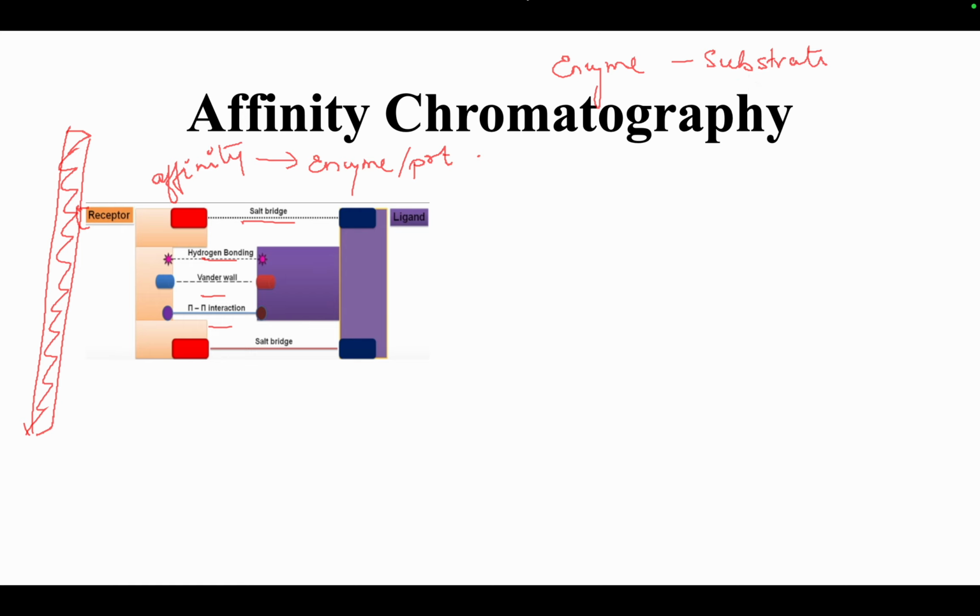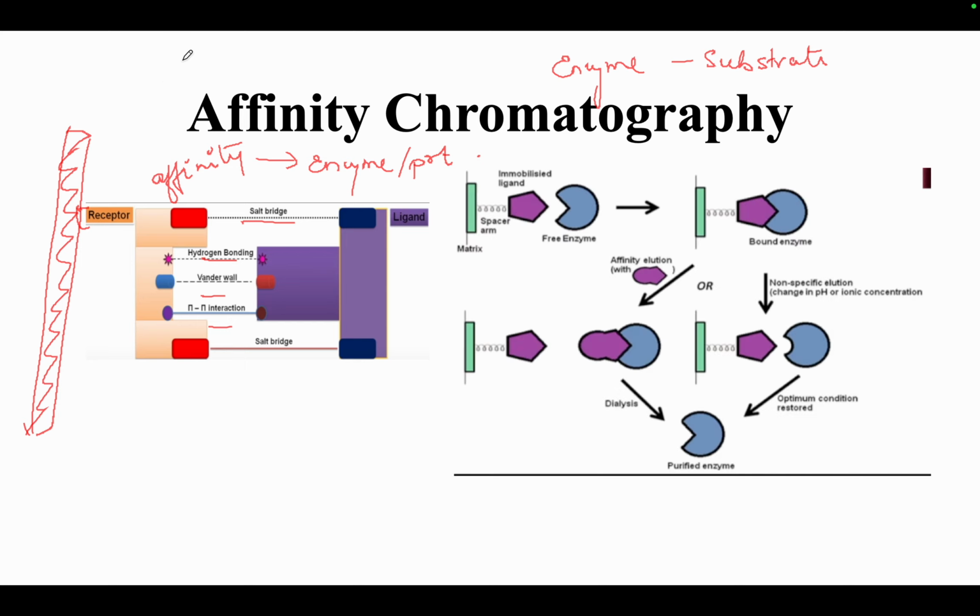For example, if the protein is not either small or large, you cannot use gel filtration, or if it doesn't have any charge on it, ion exchange chromatography cannot be used. So you can use affinity chromatography, and it has various advantages also. This is how affinity chromatography works.